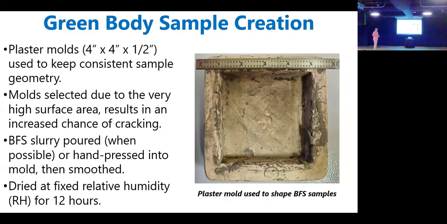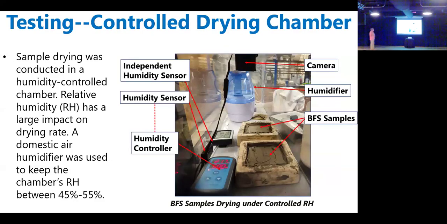This is a coaster mold, so it's made of plaster of Paris to facilitate the drying of the Belle Fourche shale slurry. You can see the size, it's about 4 inches by 4 inches and about half an inch deep. And then we would dry it at a fixed relative humidity for 12 hours.